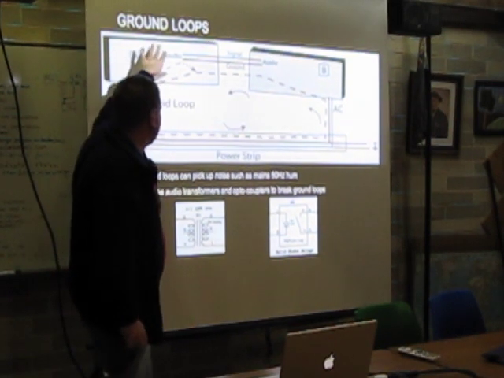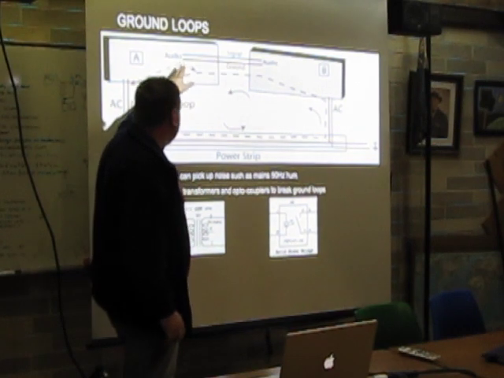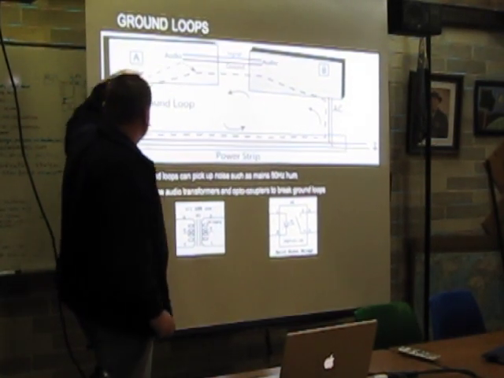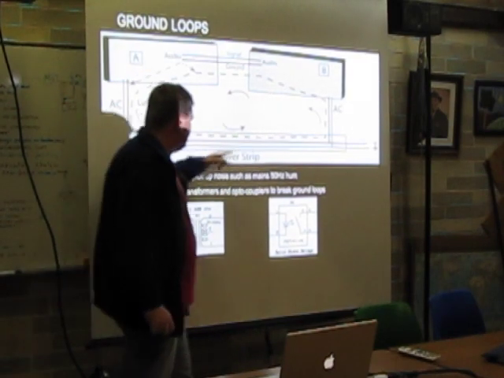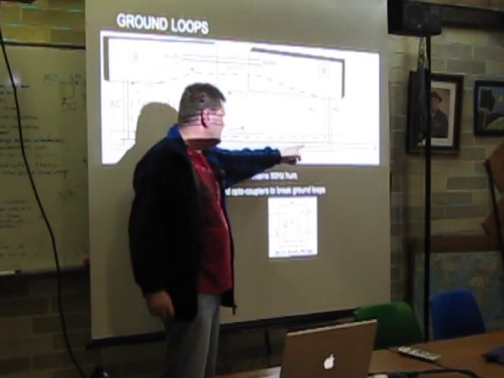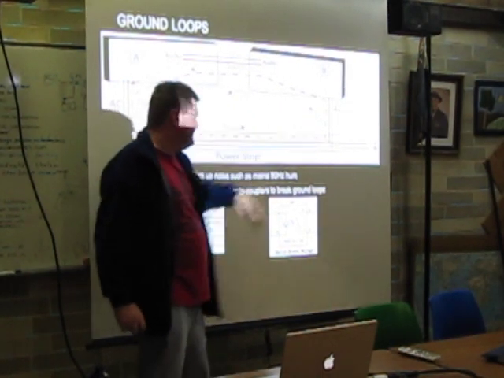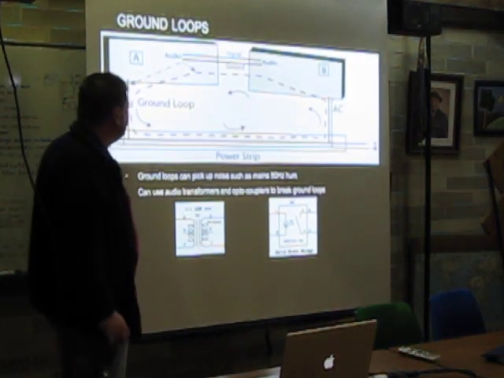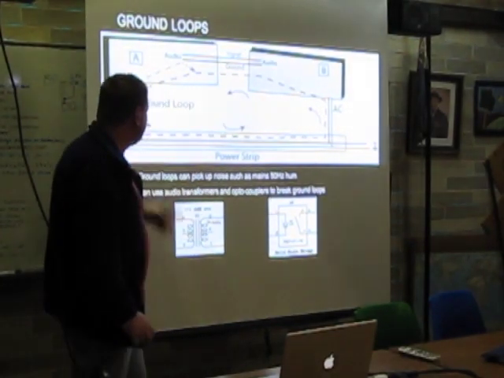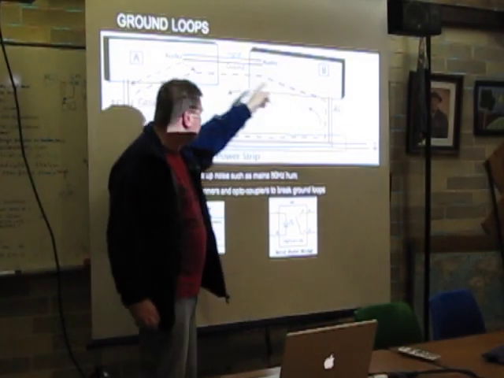Then when you plug the radio into the sound card on the computer, you've got the ground line in your audio line, and so now there's a DC path via the mains earth or via the ground outside, and you've got the signal lines as well. So you've actually formed a loop here.